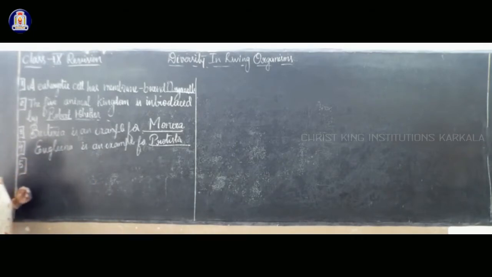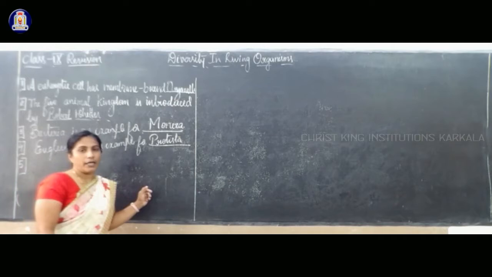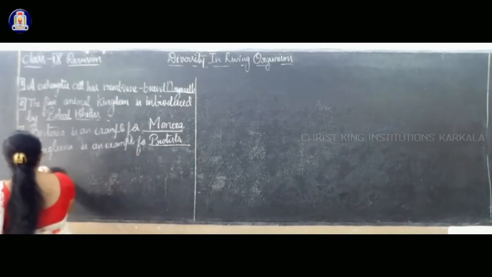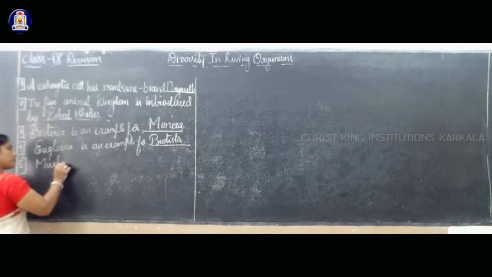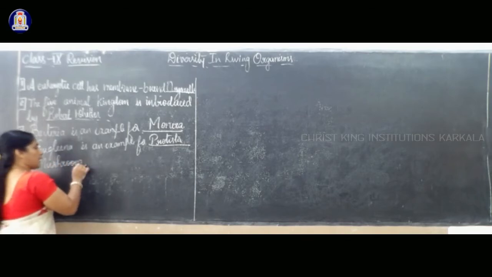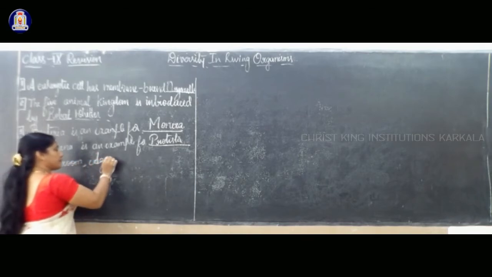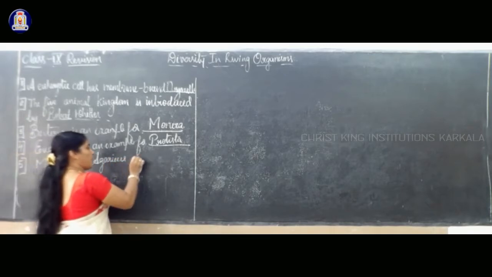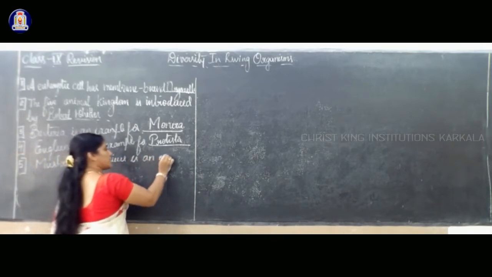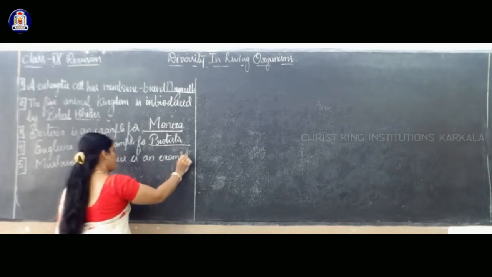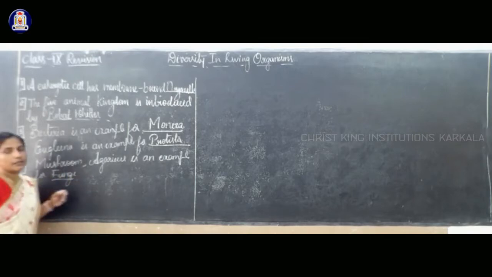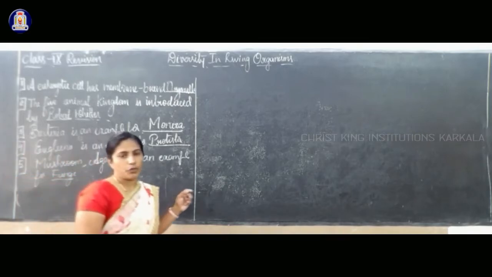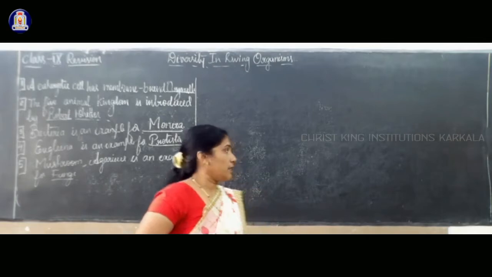Which are the examples? Mushroom, Agaricus, Aspergillus. Agaricus is an example for fungi or saprophyte. So these are the organisms: Protista, fungi, etc.